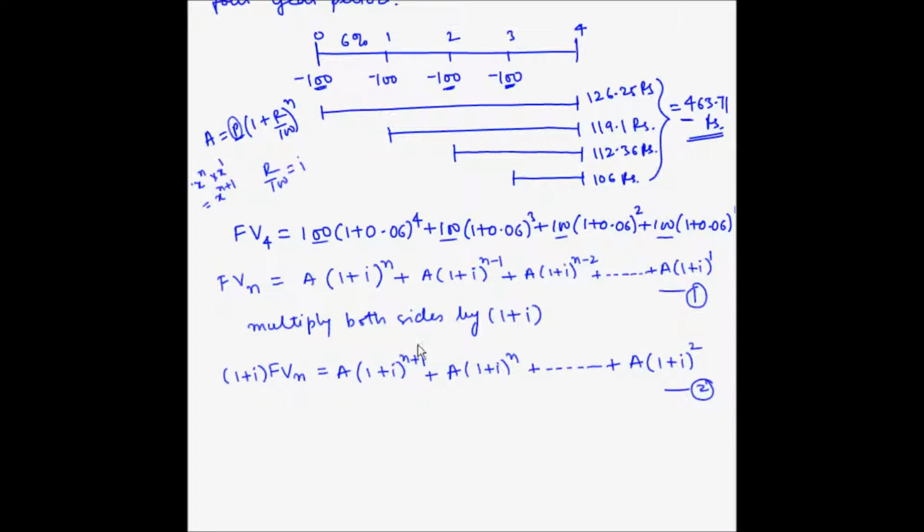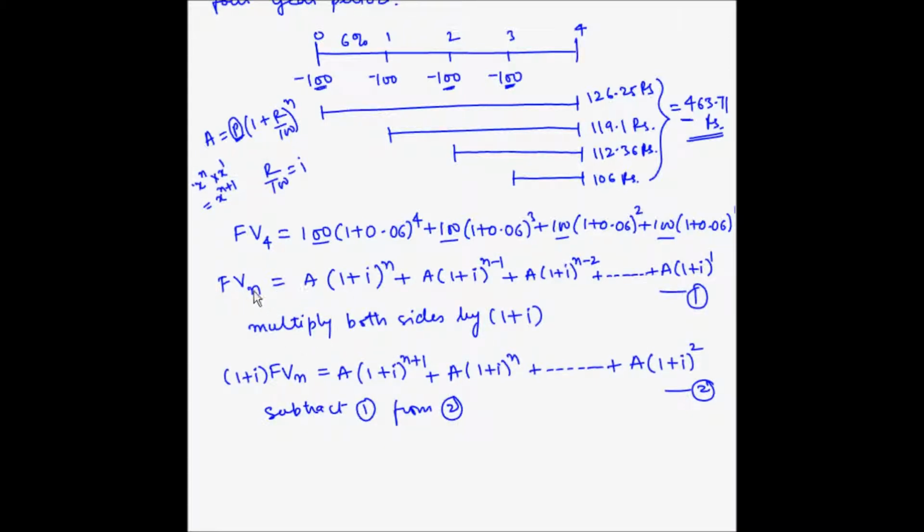Now let's subtract 1 from 2. So subtract 1 from 2. So all the terms in the first equation will get a negative sign. Minus, minus, minus. So now the left hand side becomes 1 plus I into FVN minus FVN.